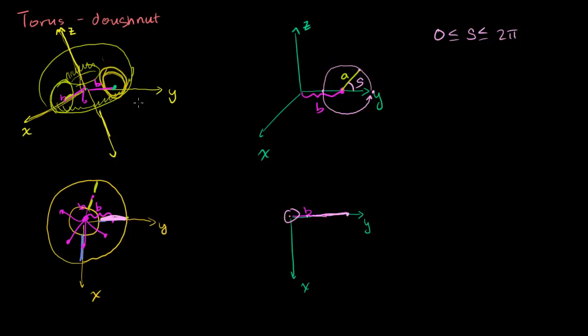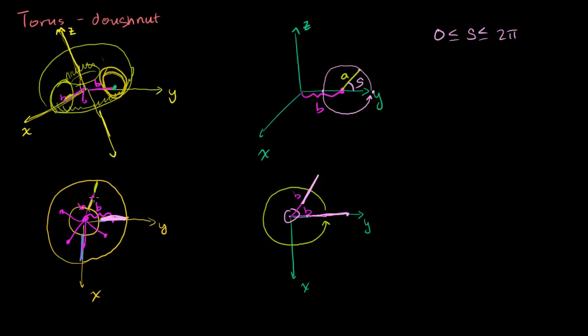Now, we're going to rotate this circle around the z-axis. And to do that, we'll define a parameter that tells us how much we have rotated it. So this is when we've rotated 0 radians. At some point, we're going to be over here, and we would have rotated it. This is b as well, and our circle is going to be looking like this.